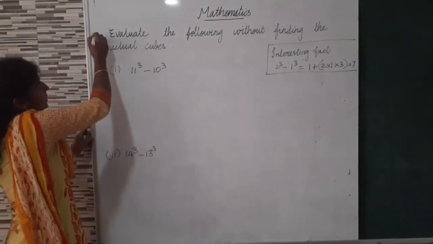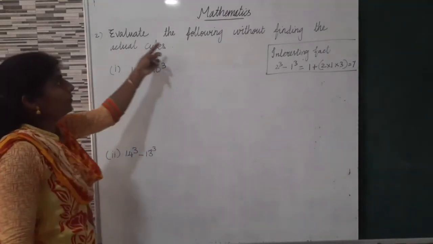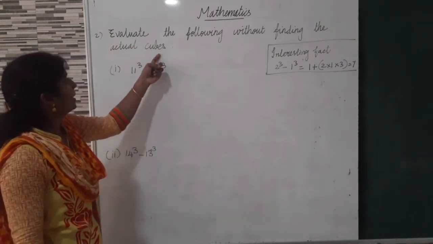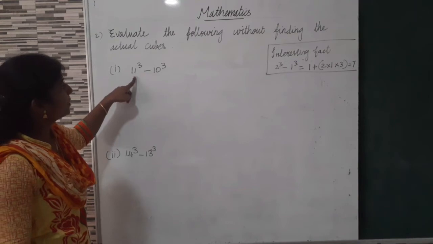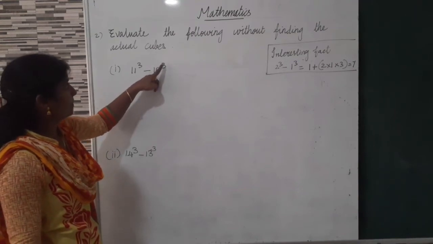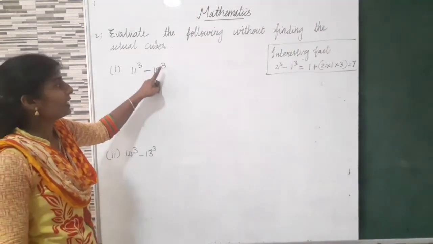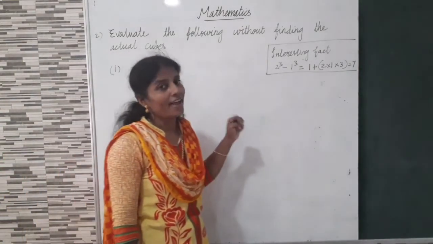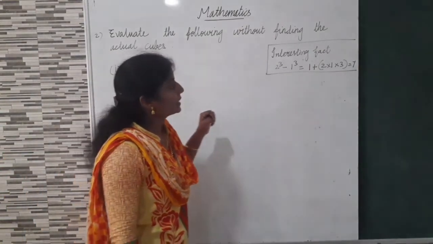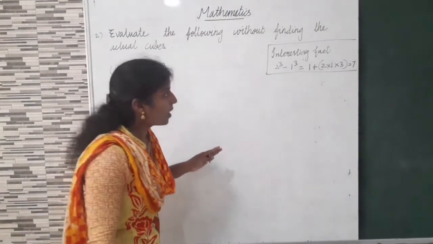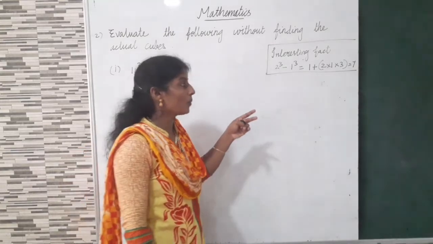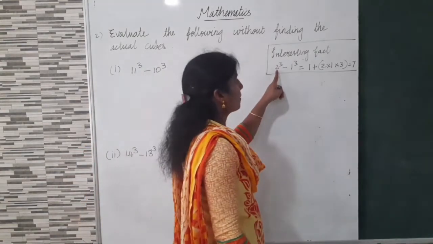Now next one, evaluate the following without finding the actual cubes. First question, 11 cube minus 10 cube. Already we learned last class some interesting fact, isn't it? The difference of cube of two consecutive numbers.